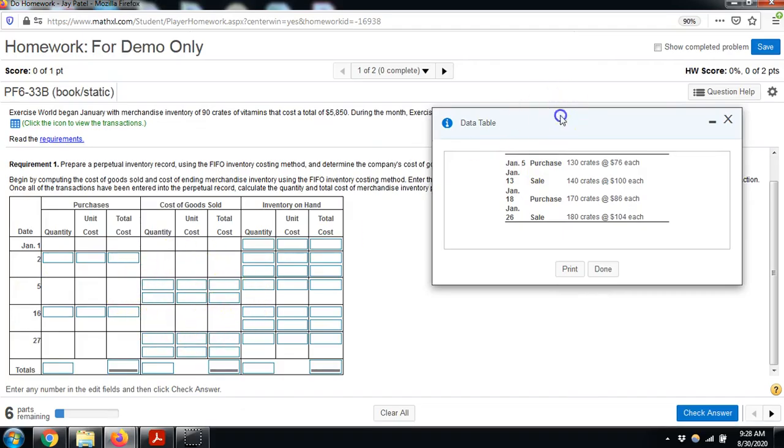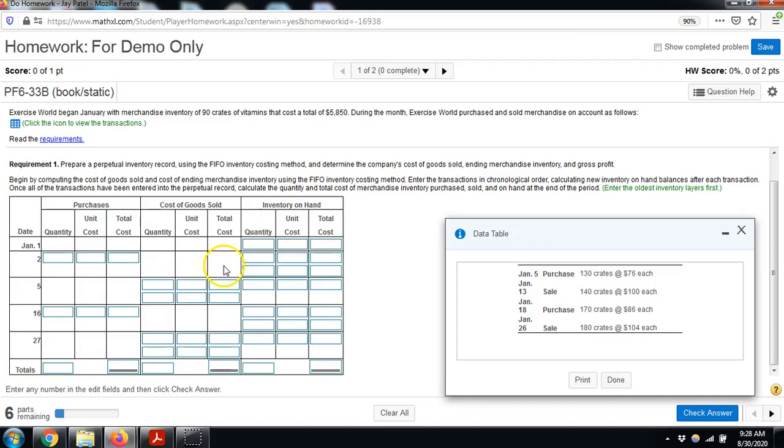So before we begin with the transactions, I think we have to start with filling out our starting inventory balance. So it says we have 90 crates and a total cost of $5,850.